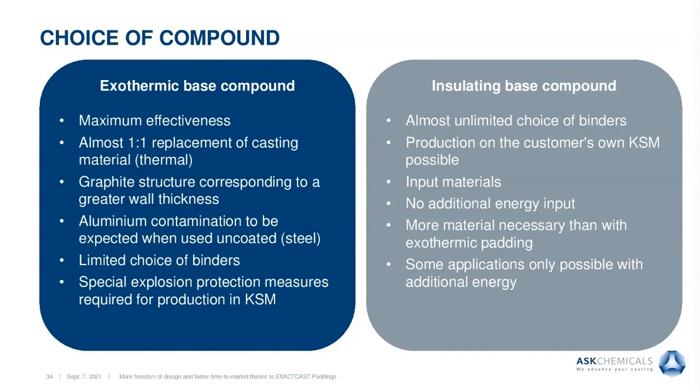But you have no additional energy input through this insulating padding. That means you can keep the heat which you bring in with your melt longer in the system, but there is nothing to bring on top. So in most cases much more material is necessary, and in some cases the effects of an exothermic padding cannot be reached with an insulating one.